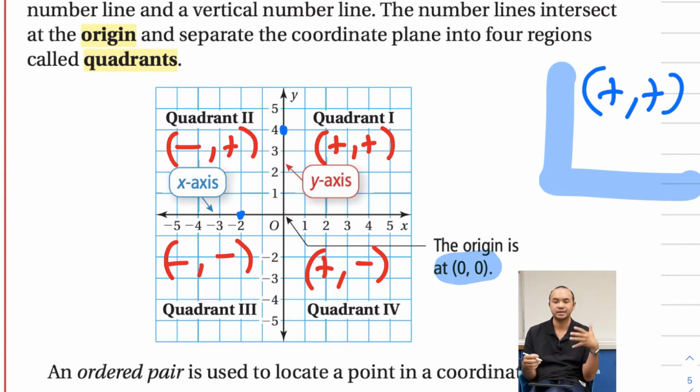So the axes are not part of any quadrants. If a point's there and it asks for the location, you don't say between the first and second quadrant or between the second and third quadrant. It is on the axis. So you say it's on the x-axis or on the y-axis.